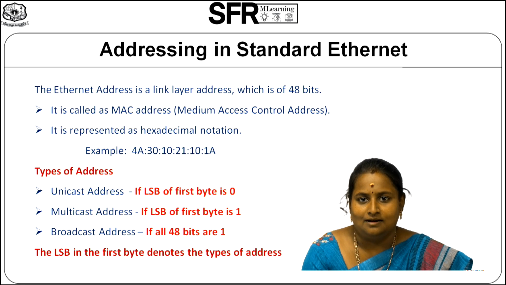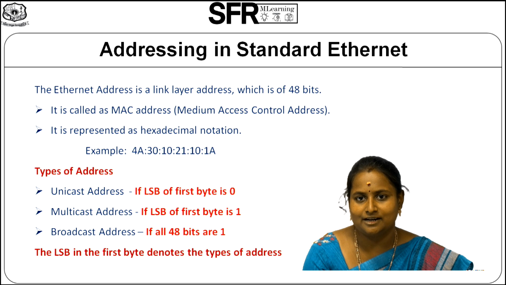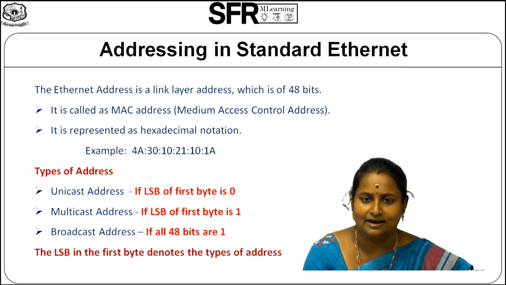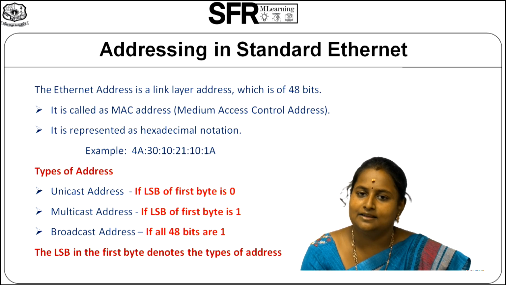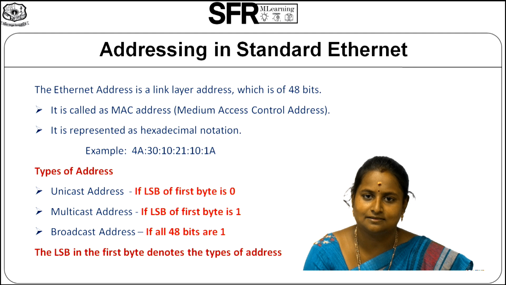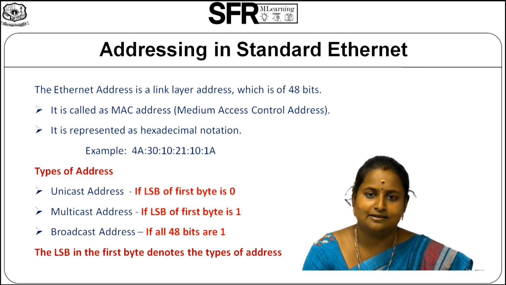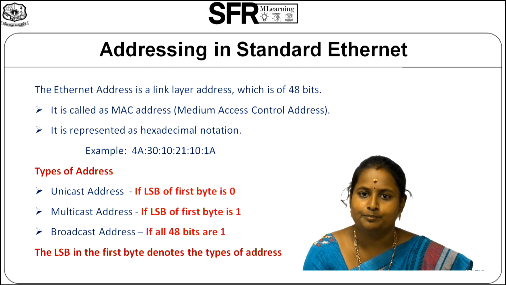Here, what type of destination address it is will be decided by the first byte of the address. As I already said, there are 3 types of destination address: unicast address, multicast address, broadcast address. Unicast address means a single receiver, multicast address means a particular group, broadcast address means all in the network.